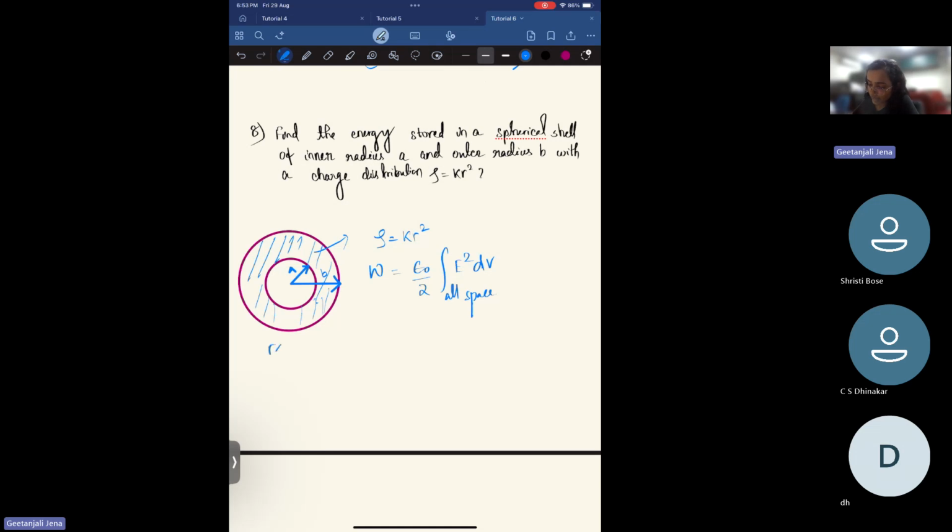Inside, for r less than a, there is no charge. So for this Gaussian surface, there is no charge, and that is why we get E is 0. For in between a and r and b, you can use E dot dA is Q enclosed by epsilon.